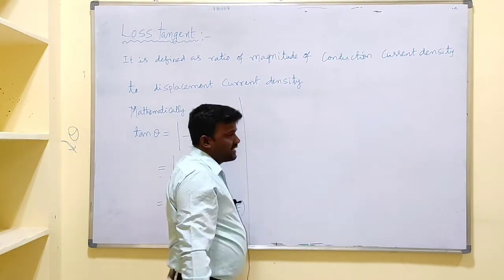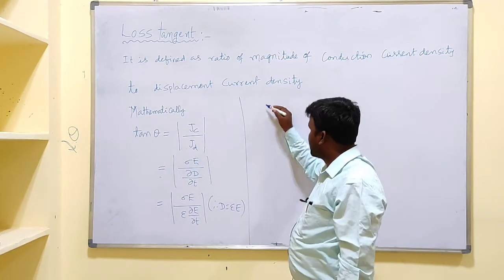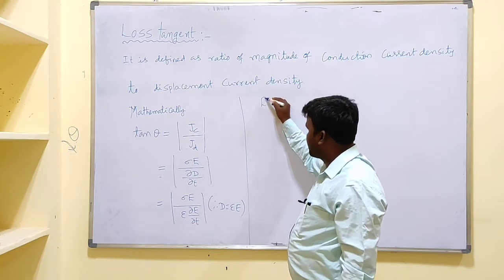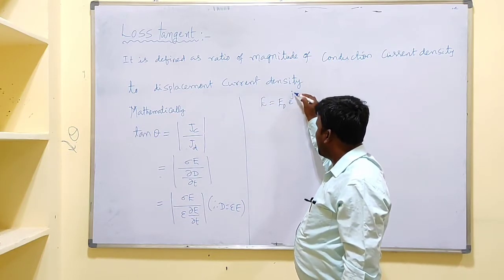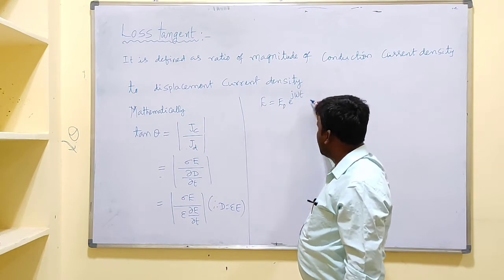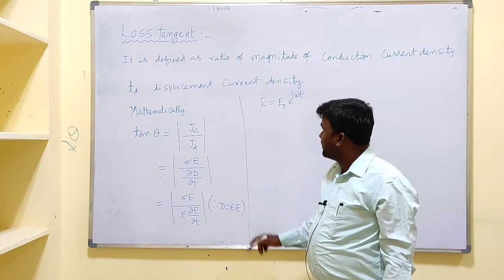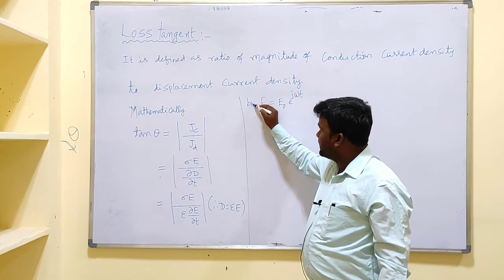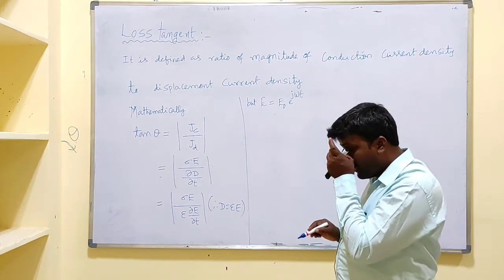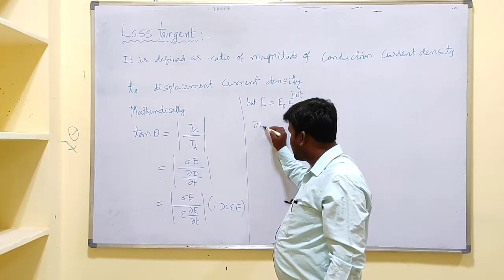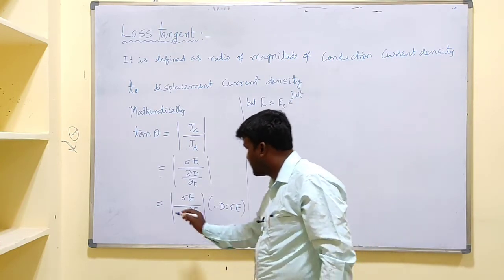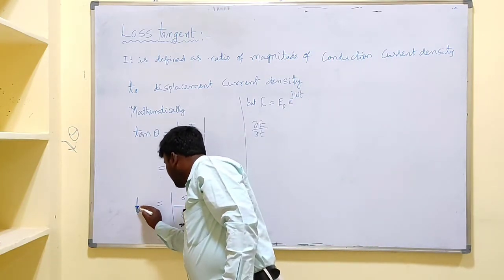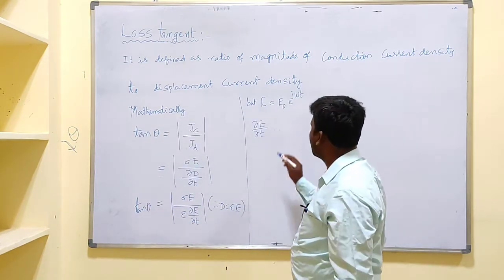Now let us consider E. In case of a wave, we need to consider the field component in time harmonic form. E equals E naught into e to the power j omega t. This is our tan theta, and this tan theta is known as loss tangent.